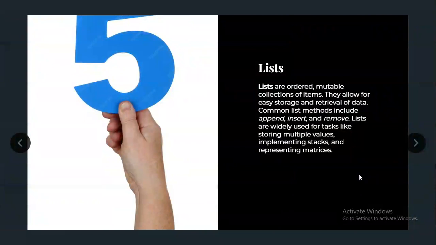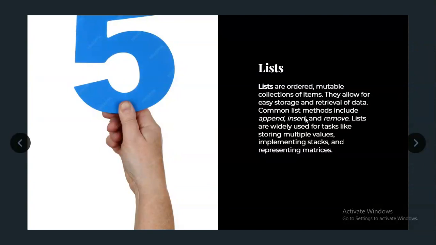We are going to go to our interactive window and run some methods based on the list. So we are going to see what is a list. Before we do that, we want to define what a list is. Lists are ordered, mutable collections of items. They allow for easy storage and retrieval of data.